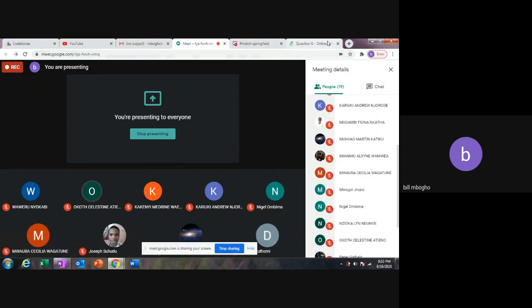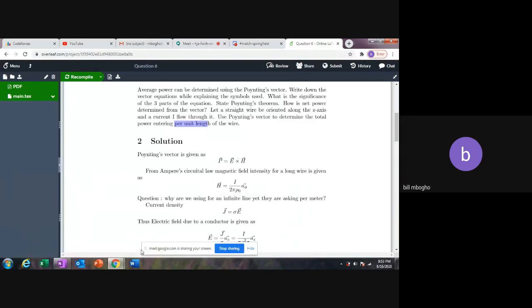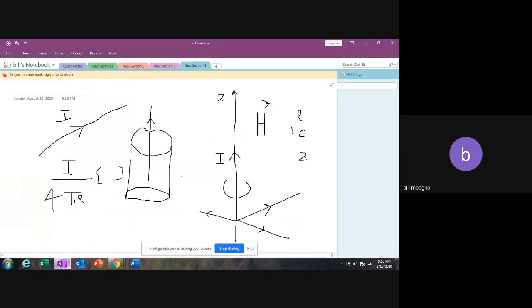Okay, maybe I can explain to save on time. We're calculating power being lost per meter, but H at any given point is caused by the whole line.